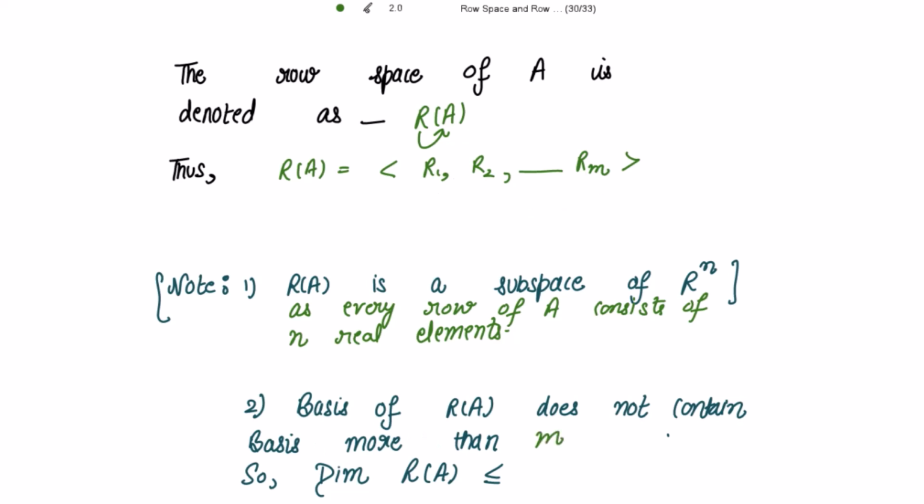Because the number of rows generating the row space is m. So the dimension of R(A) should be less than or equal to m. Either the dimension can be m or strictly less than m, but not greater than m. This is a property of the generators of a vector space. So here R1, R2 up to Rm, the rows of the matrix A, are the generators of R(A), the row space, right?